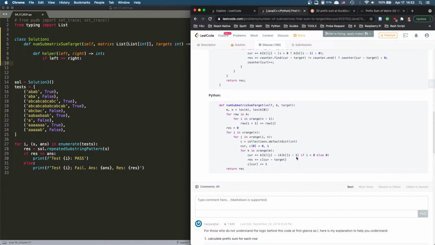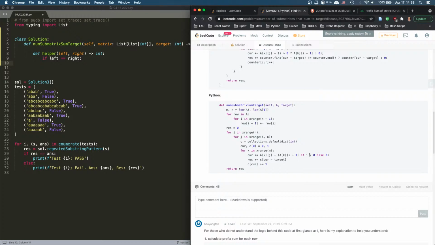Hold on. K I minus 1. Why is it I minus 1? I want to know the current. Oh, yes. It's K I minus 1. Yes, that's the current row.